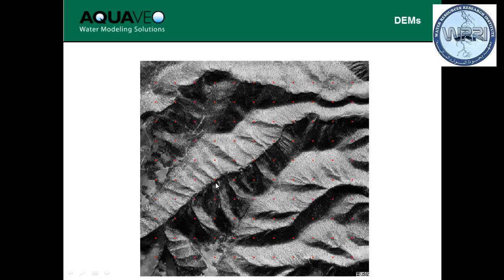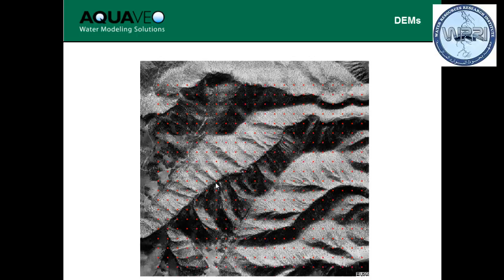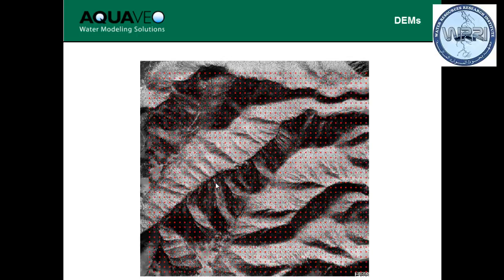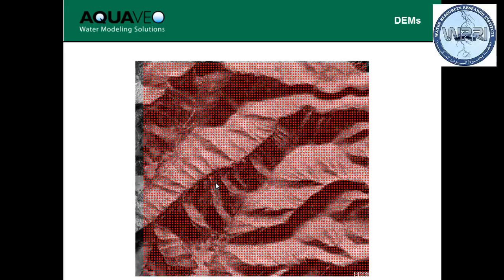Maybe, maybe not. We don't know. But I can increase the resolution of my DEM so I can add more points. And at some point I'm going to have enough points that I can accurately delineate a watershed in this area. And so I could end up with this.